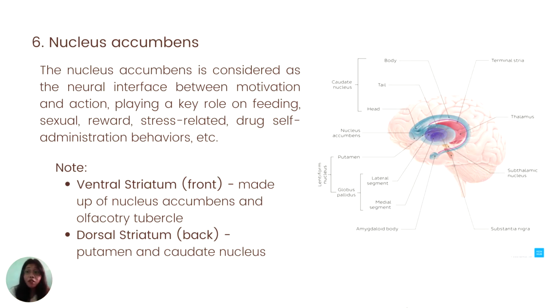So yung olfactory tubercle is a multisensory processing center that is contained within the olfactory cortex and ventral striatum and plays a role in reward cognition. So the other one is the dorsal striatum, which is yung nasa likod. Yun naman ay yung putamen at yung caudate nucleus.